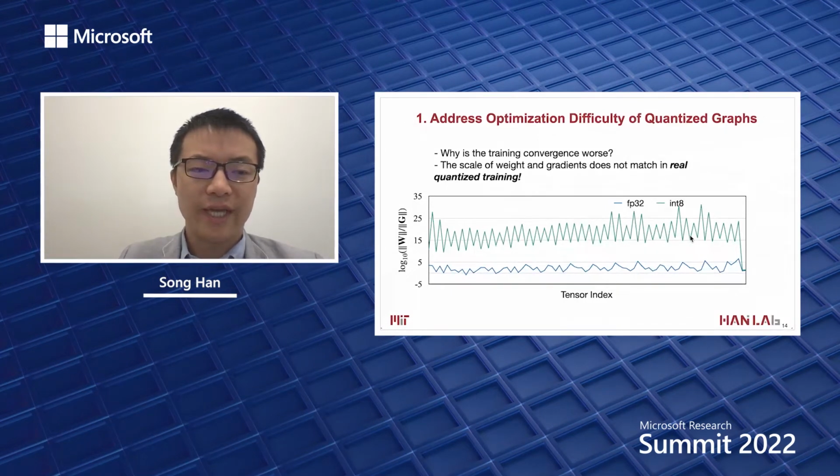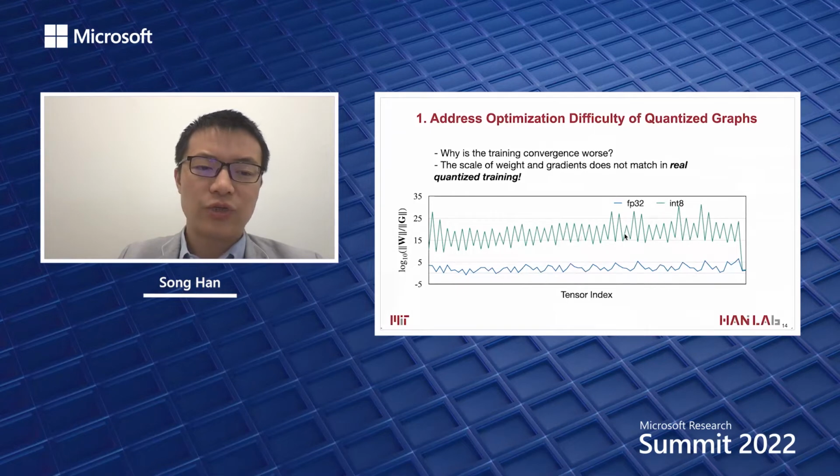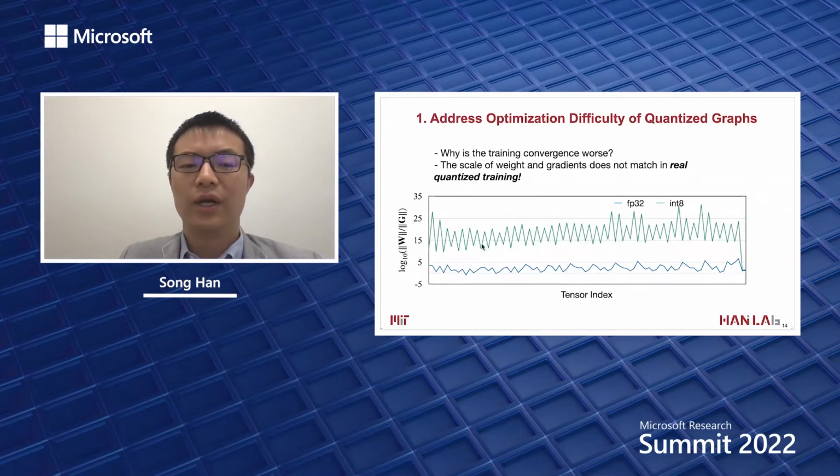But for this int8 ratio, W over G, for different layers, for weights and biases, the fluctuation is huge. This is 5 orders of magnitude difference, since this is the log scale. So why does the scale of the weight and gradient not match? We are trying to figure out what the issue is here.